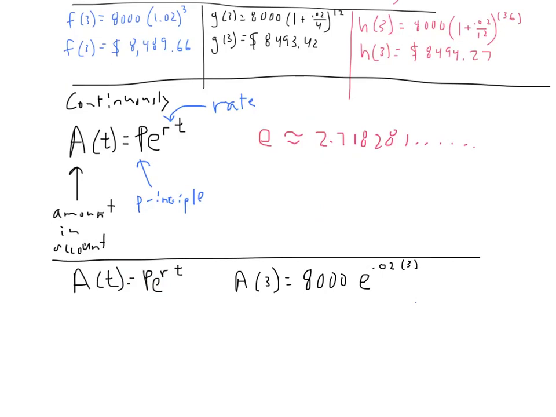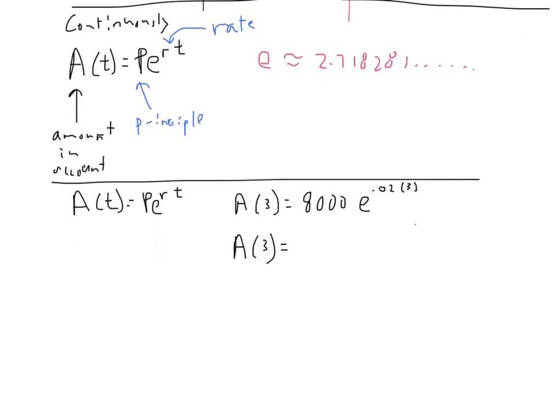And this you can plug into your calculator. So A of 3, you'll find that on your calculator you have an E button, and we'll go over how to find that in class. But you would just plug this in like this: 8,000 times E raised to the 0.02 times 3.